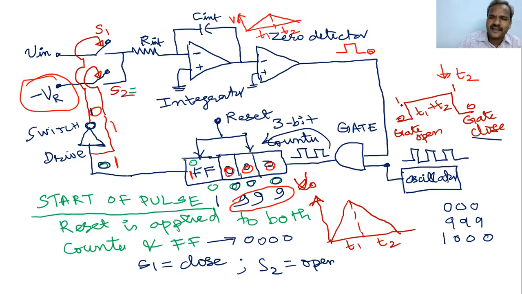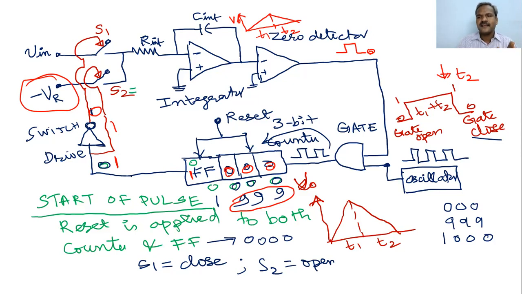The gate open occurs until T1 plus T2. So it has a latch to hold during the positive and negative cycles. The latch holds 1000 counts during the first integration cycle, and 1000 counts during the next integration, so totally 2000 counts for the counter with the flip-flop.